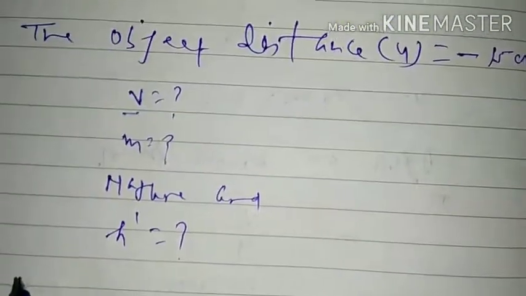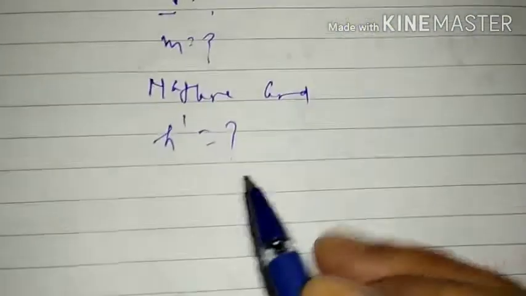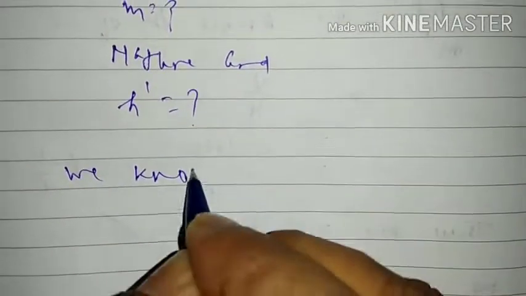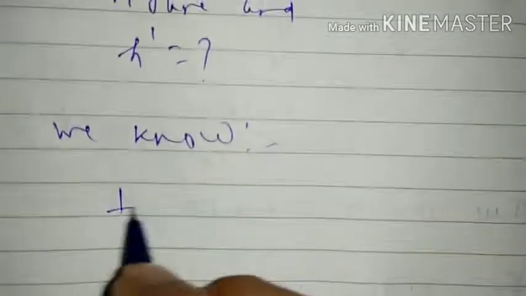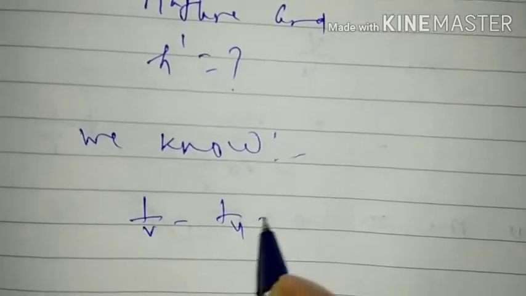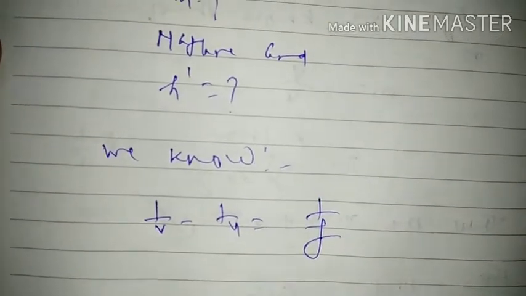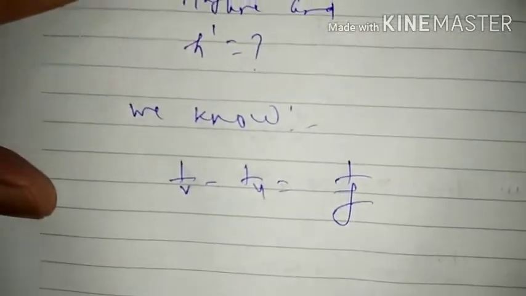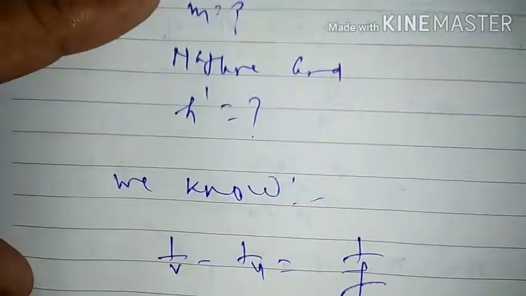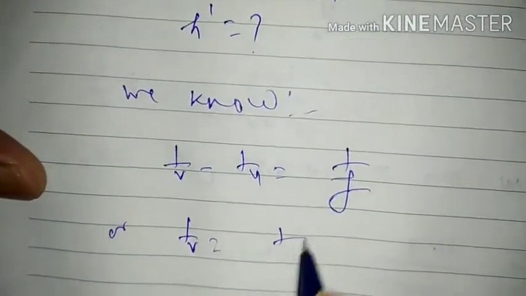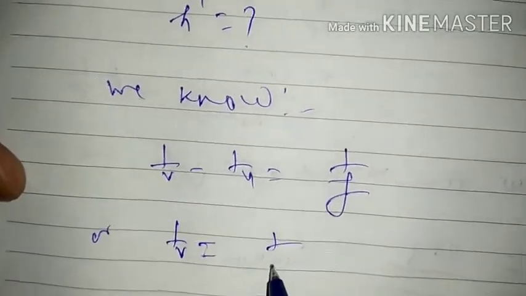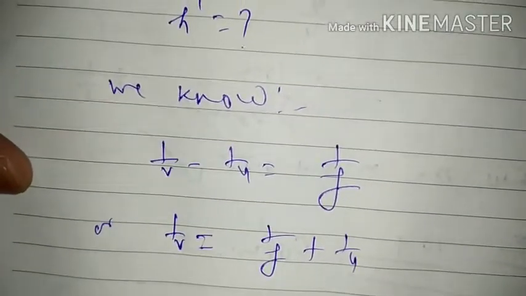After the knowledge of v, we can easily calculate all next things. So applying this formula, we know that 1 by v minus 1 by u is equal to 1 by f. We have to calculate v first here, or 1 by v is equal to 1 by f plus 1 by u.